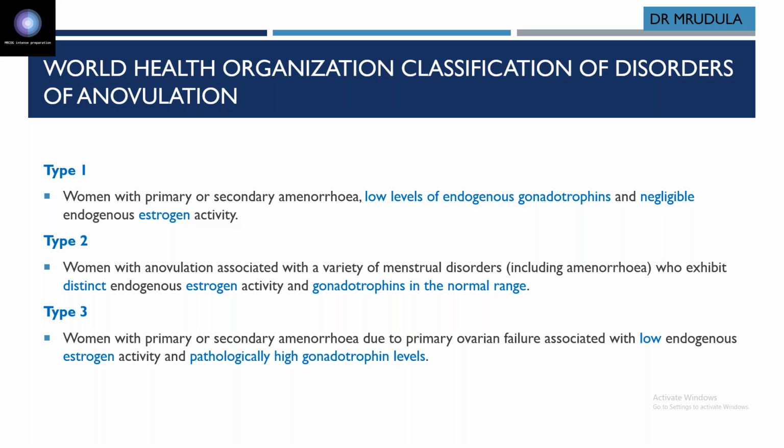This is the most common type of anovulatory disorder, and the most common of type 2 is PCOS. Type 3 is high gonadotropins and low estrogen, so it is basically ovarian failure. These are the three different types of WHO anovulation disorders. Now in this talk, we are considering only type 1.